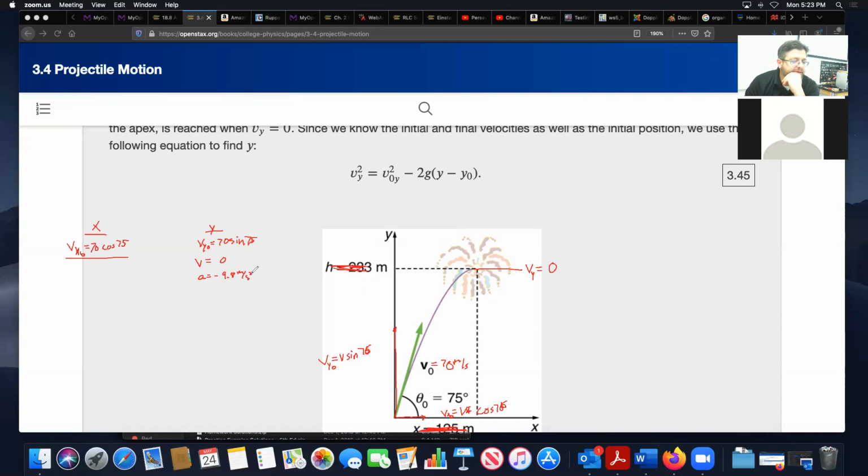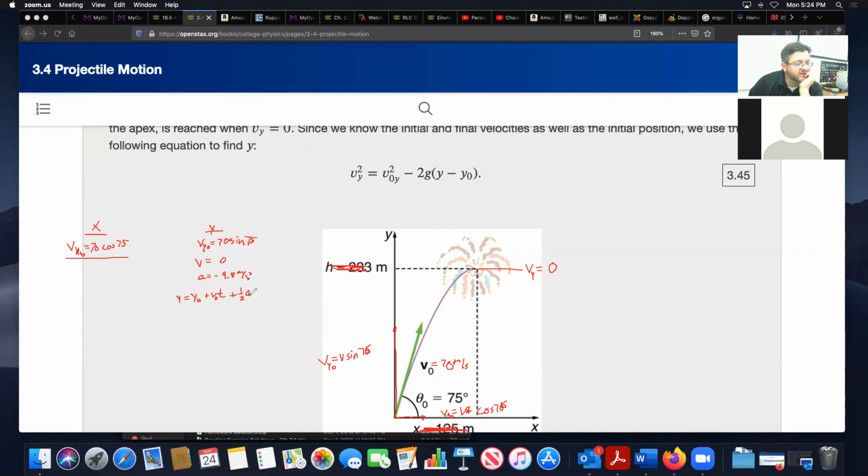And there's an equation that does tell us something about time if we know initial velocity, final velocity, acceleration, right? Which one is that? Well, that's this one here that says the final position in the y direction equals the initial position in the y direction plus initial velocity in the y direction times time plus 1/2 times the acceleration times time squared.